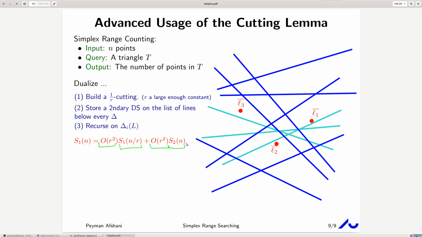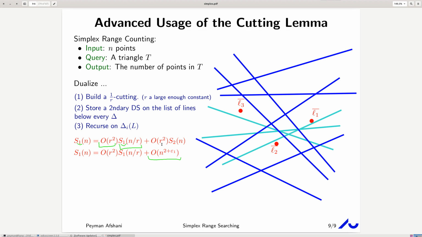Again, similar to the way we analyzed the partition theorem, if you can show that the secondary solution solves to n squared plus some epsilon, then this is the recursion that we get. The trick here is that the recursion only happens on S1. For S2, we can just assume that it's a fixed value, or that it has been analyzed, so I can just replace S2 with this.